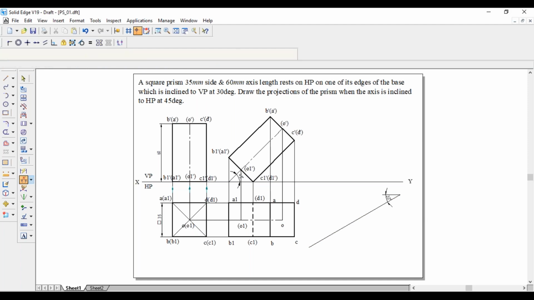So first copy this C1 D1 on this line. So length will be 35 mm. First I will draw roughly, afterwards I will change that one, 35 mm.